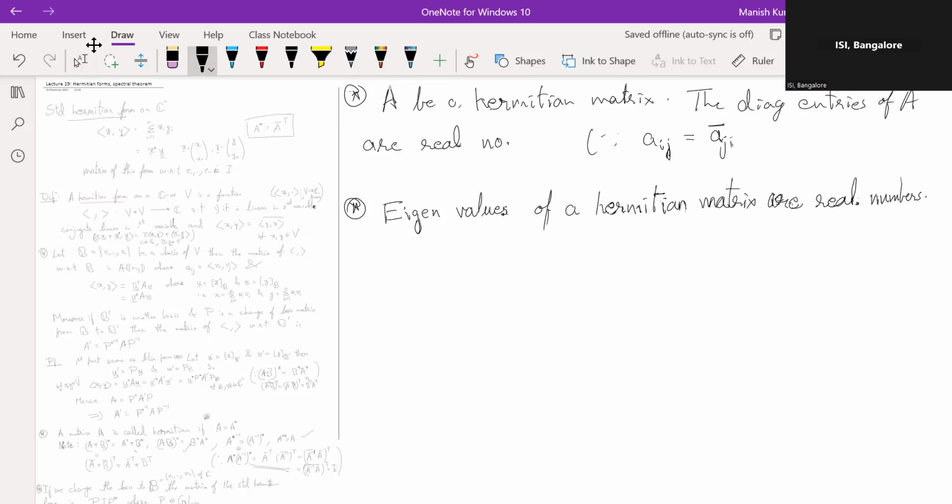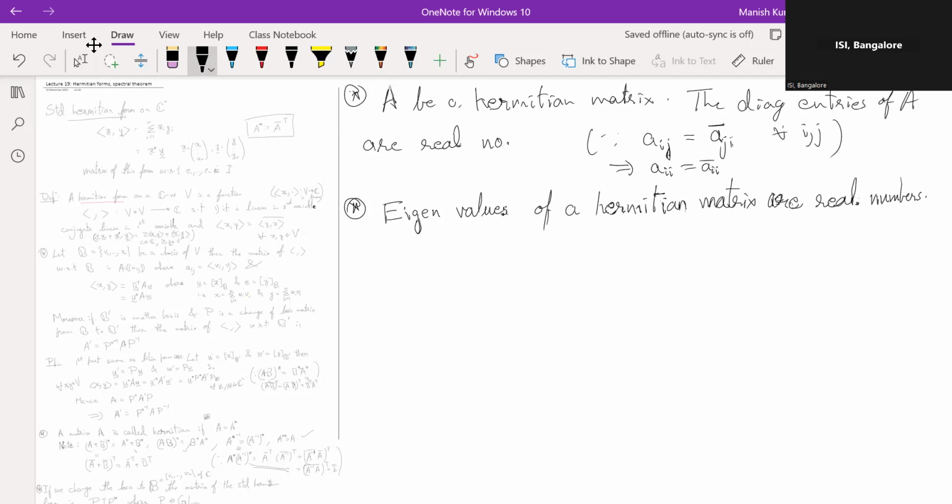That is what a Hermitian matrix means. So for all i, j this has to be true, which implies A_ii is equal to A_ii bar, which is the same as saying that the diagonal entries are real numbers.